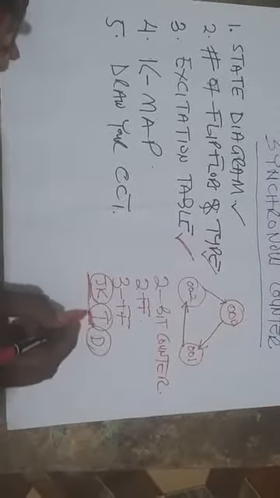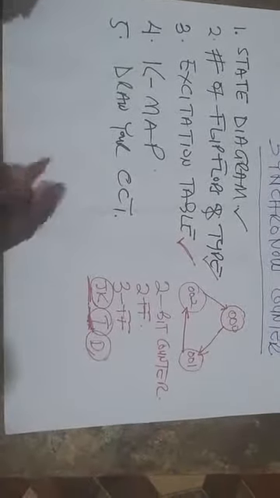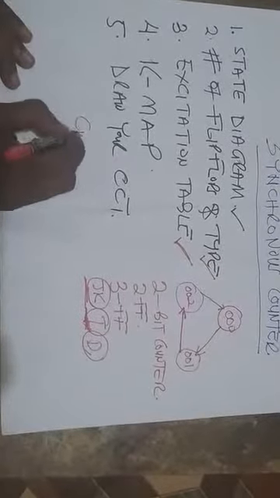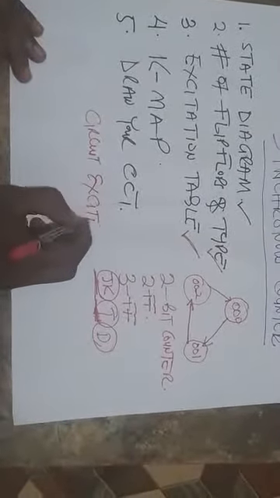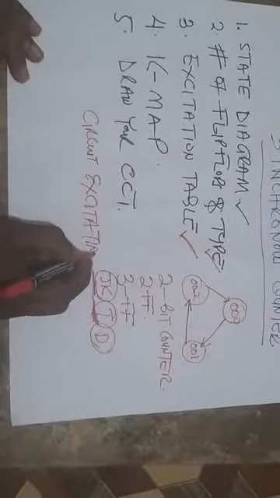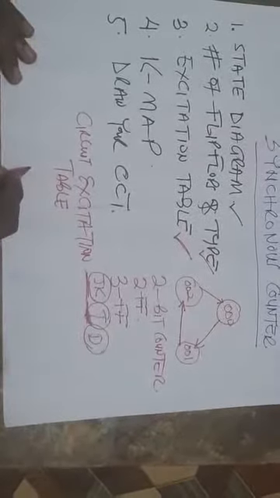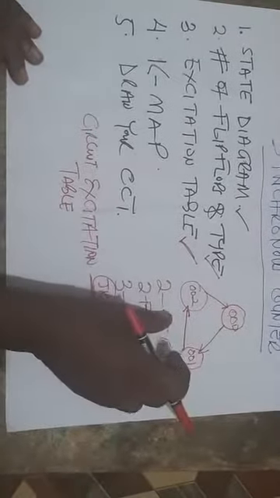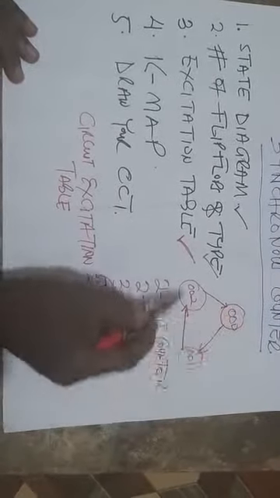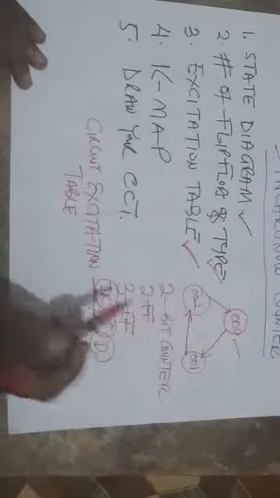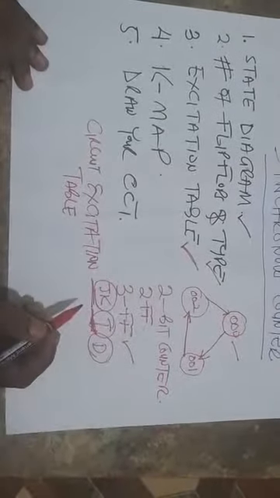From the excitation table, you now develop the circuit excitation table. And what is it? This is your design. So if, for instance, I'm going to design a 3-bit counter, I've drawn my state diagram, I've determined the number of flip-flops that I'll need.